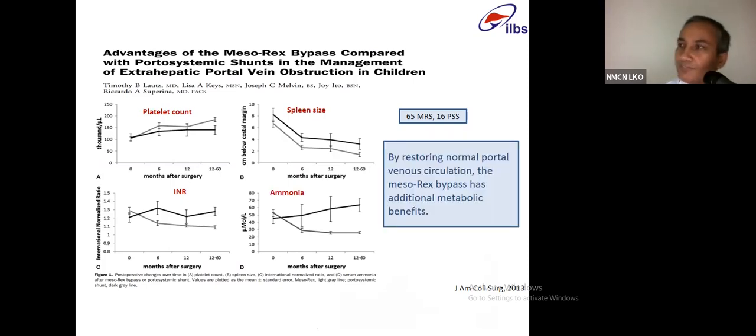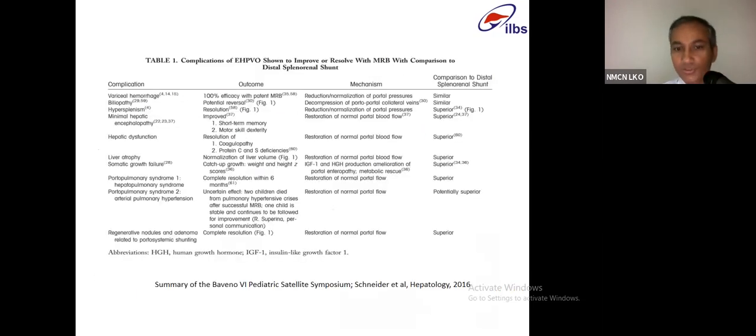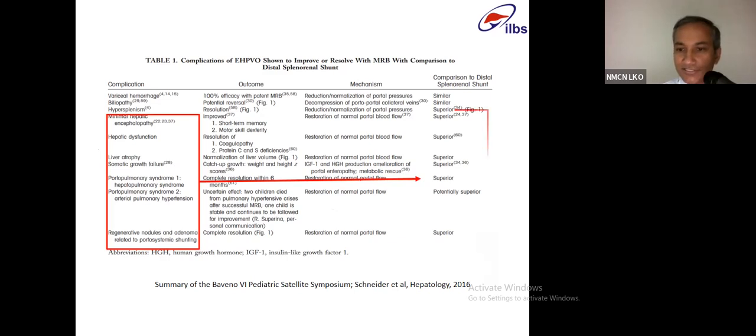So apart from restoration of the blood circulation to the liver, it has additional metabolic benefits. The complications related to EHPVO, that is hepatic dysfunction, growth failure, portopulmonary hypertension, hepatopulmonary syndrome, they all revert. So overall, this is actually superior to the traditional shunts.